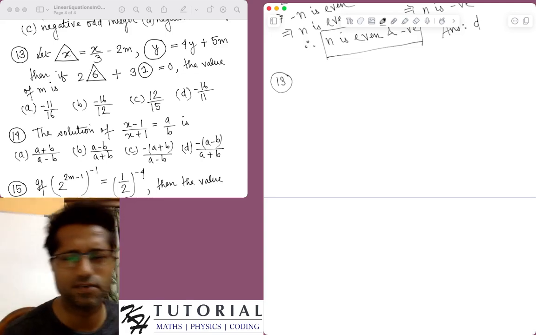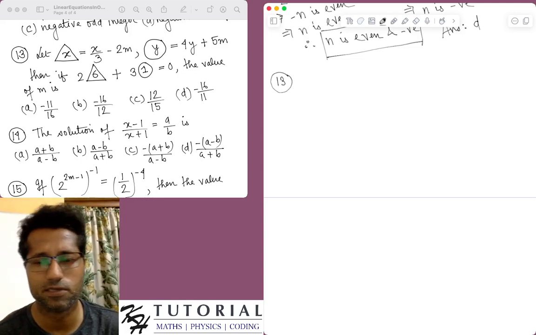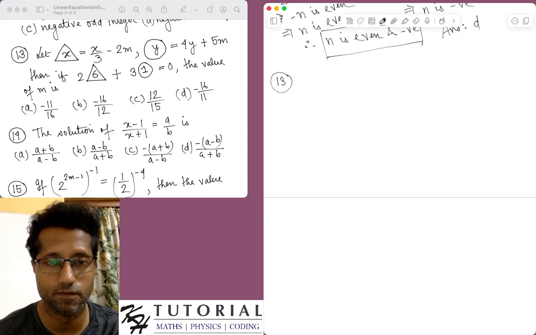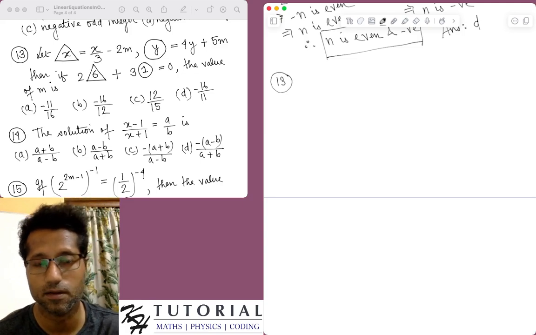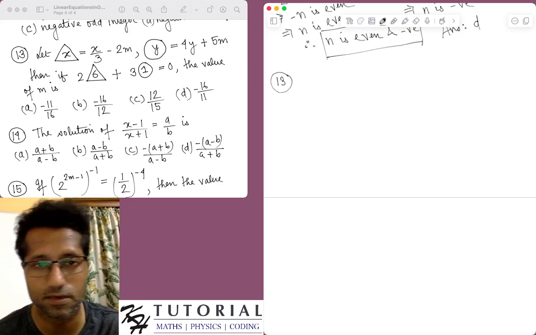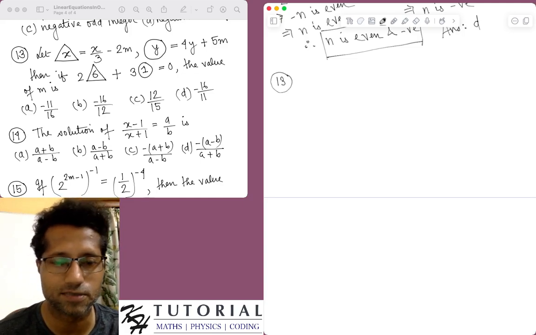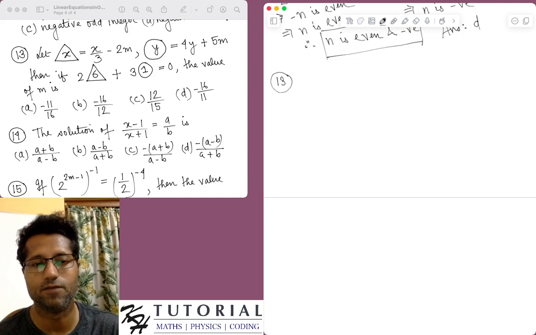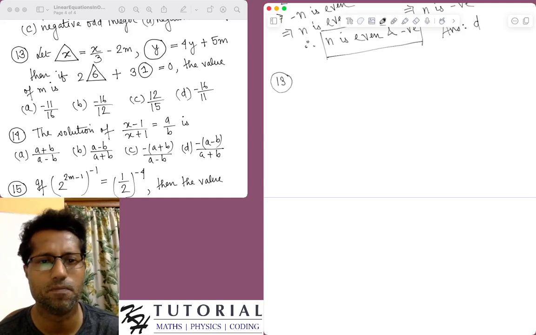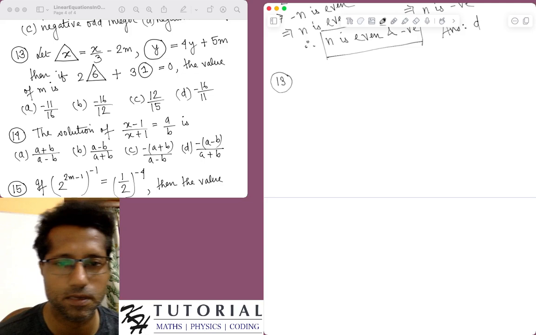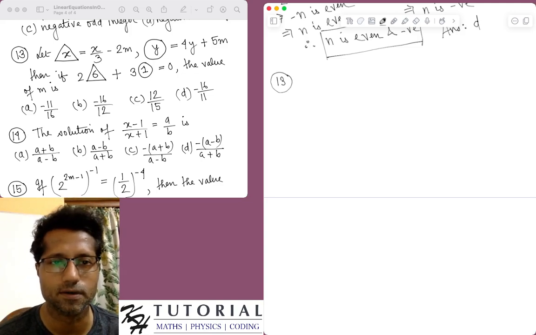The variables are always represented by the letters x, y, z. So if in a linear equation you see m and n and also x or y, then definitely x and y will be the variables, and m and n or p or q or something else will be some constant.